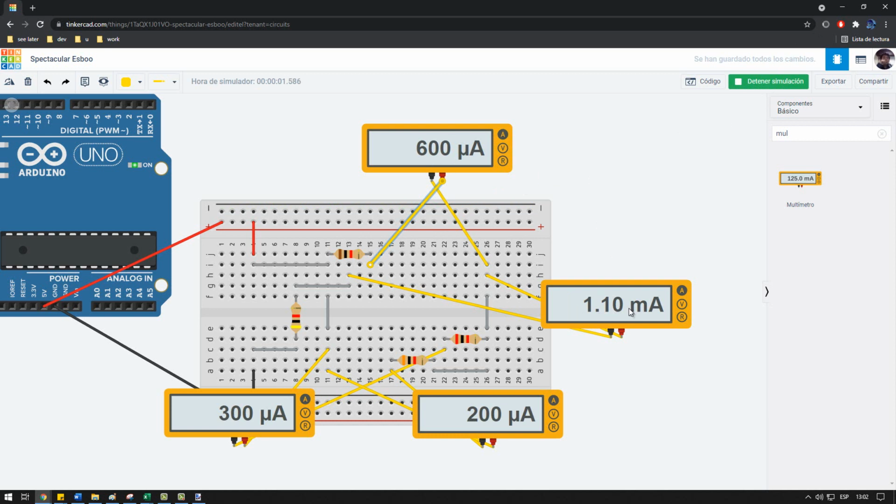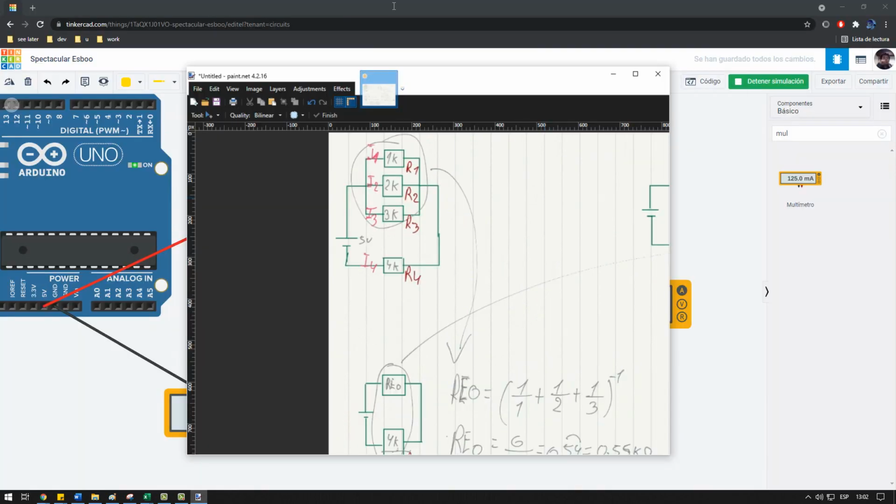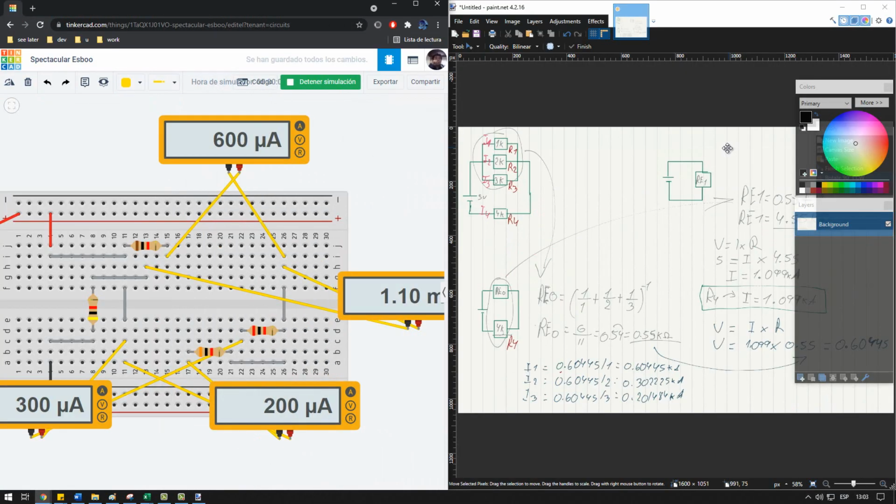We got 1.1 amps, 300 microamps, 200 microamps, and milliamps. And as you know, I1 is equal to 0.6044 kiloamps, which is equal to 600 microamps.